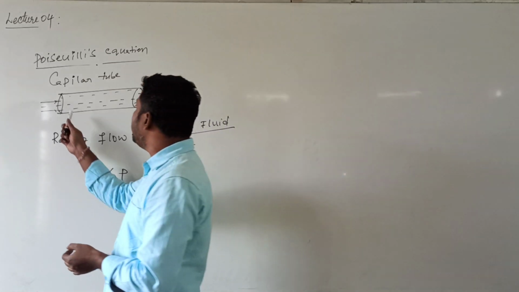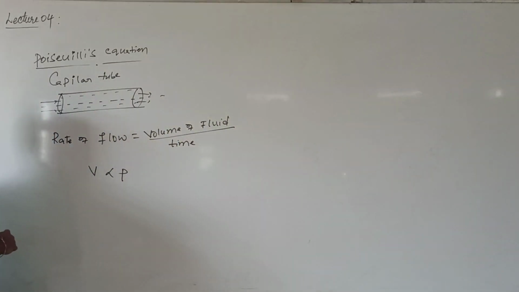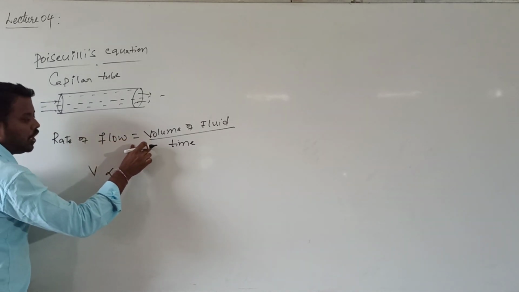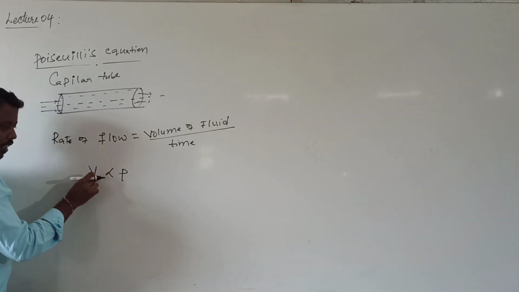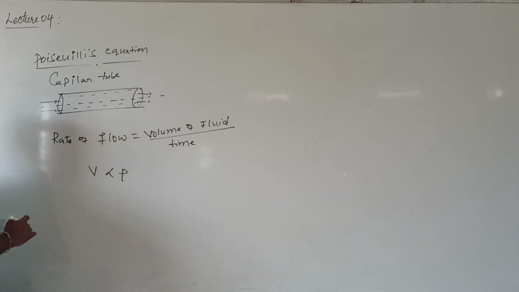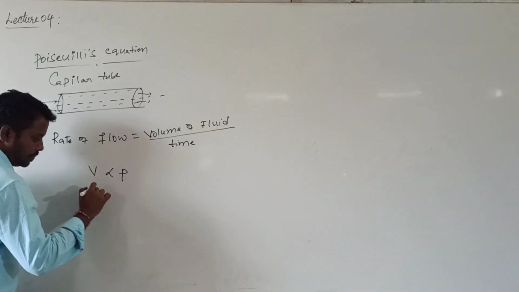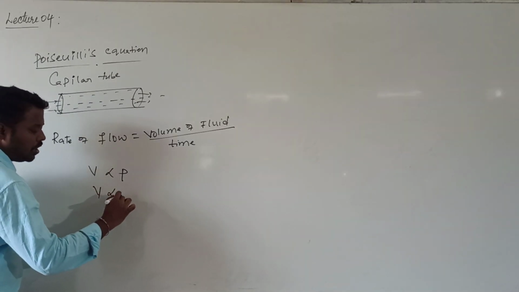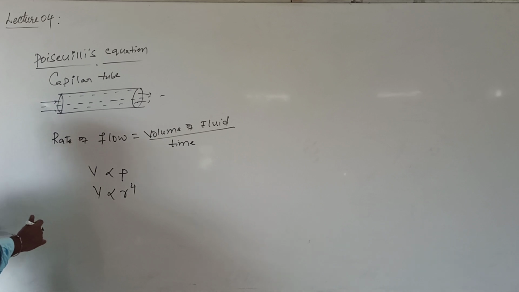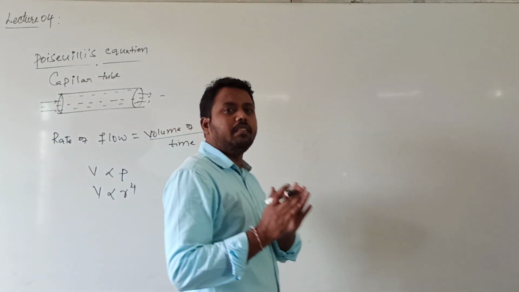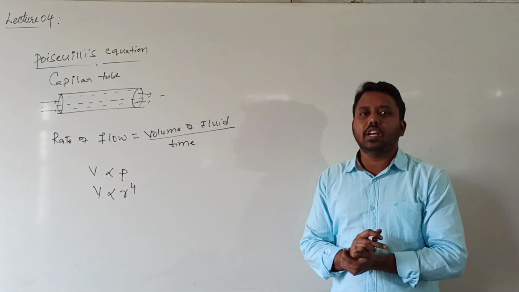So the pressure difference between the two ends of the tube is P. Here the volume of the fluid flowing per second I will call V. V is directly proportional to the pressure difference applied across the ends of the tube, and it is directly proportional to the fourth power of the radius of the tube. This is all from the experimental data he concluded.